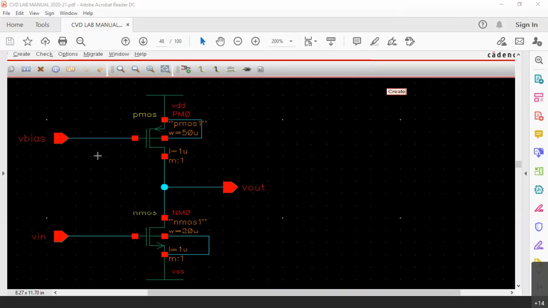Why are we connecting a P Mosfet here? Any answer? Nobody is answering.